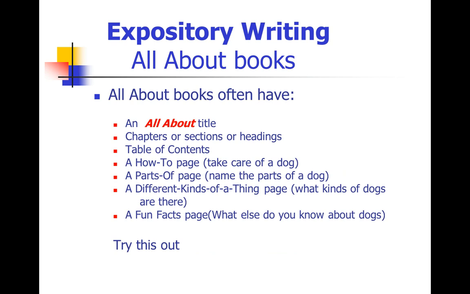And they'll have chapters and headings and a table of contents. And the first page says a how-to page. And what it is, it's all about dogs. And the first page just says, how do you take care of a dog? And then children write whatever they wish to write there.